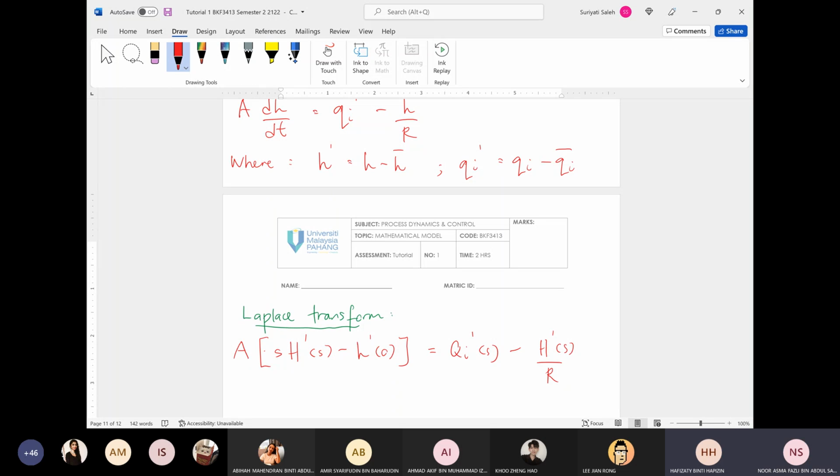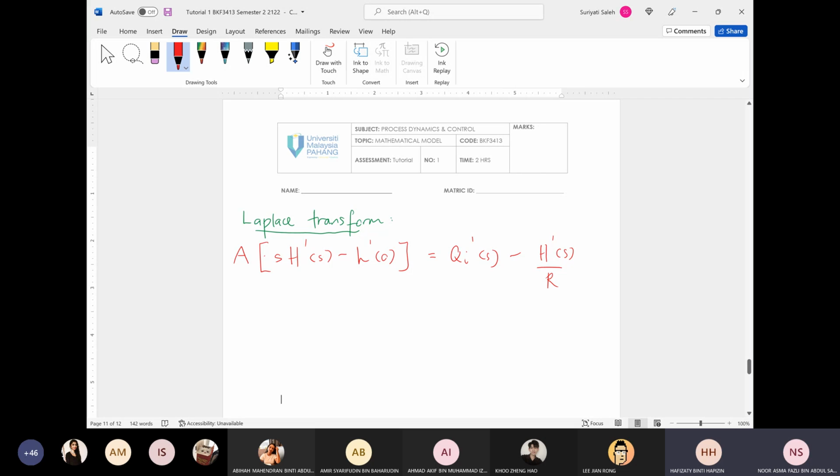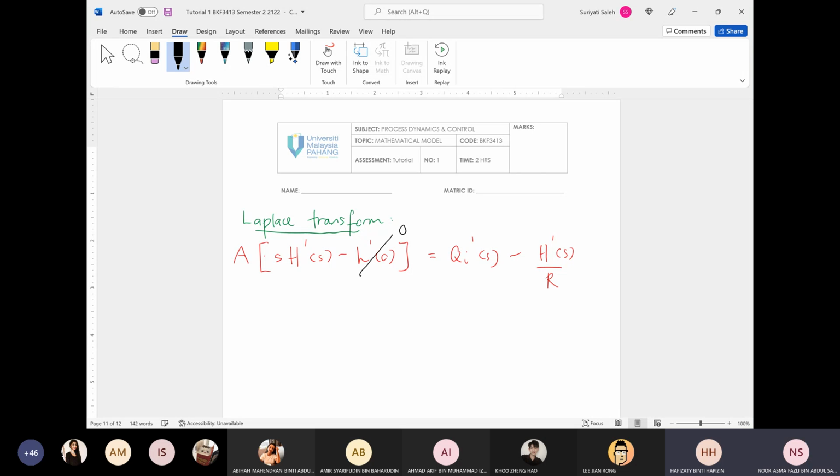And for the H over R, it becomes the capital letter H prime S over R.